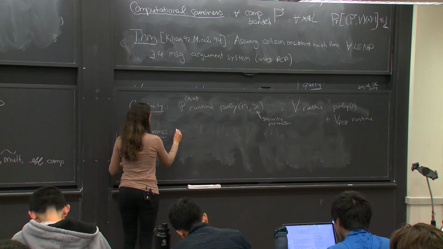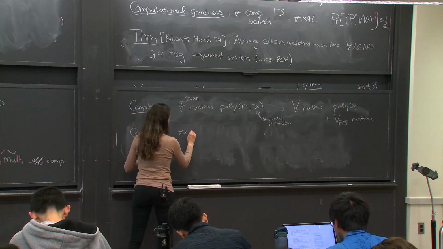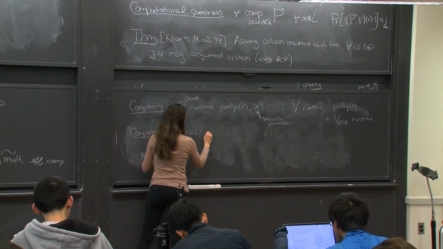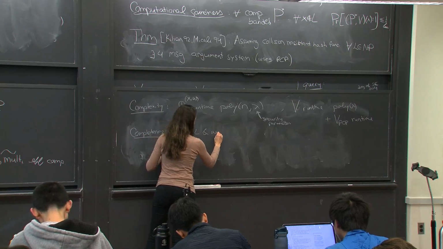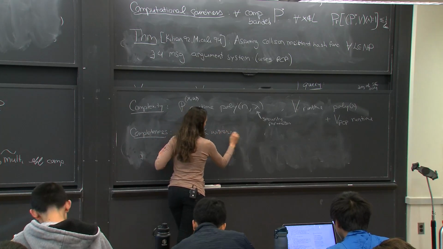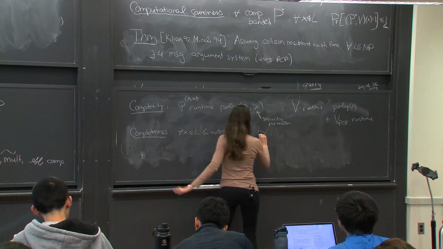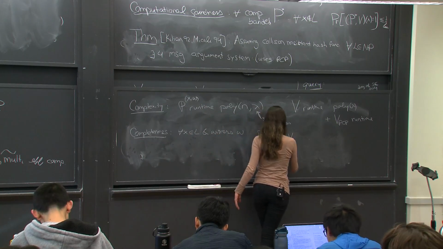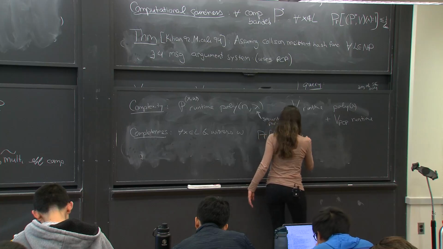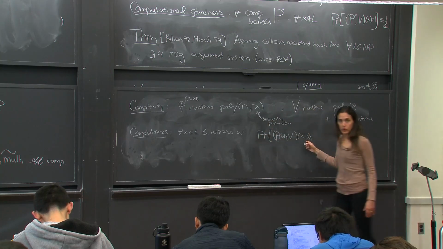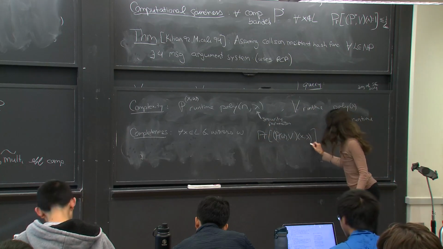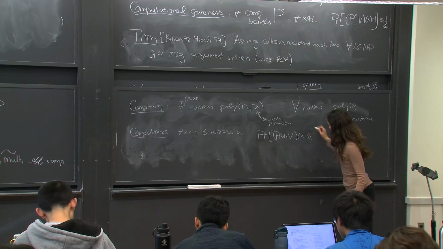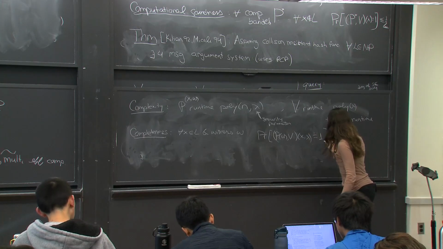Completeness just says that for every X in L and witness W, the probability that P with witness W and V, both of them having X and the security parameter, the probability that the verifier outputs 1 is 1.